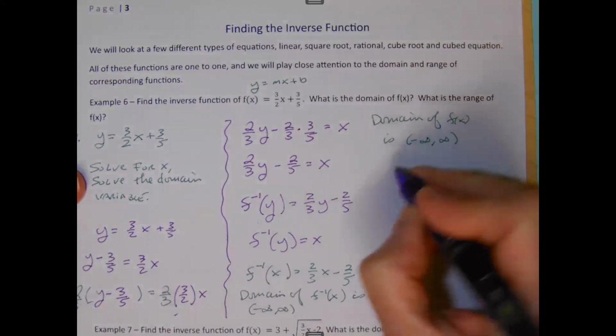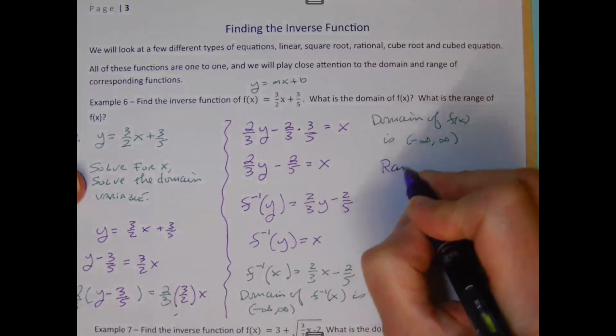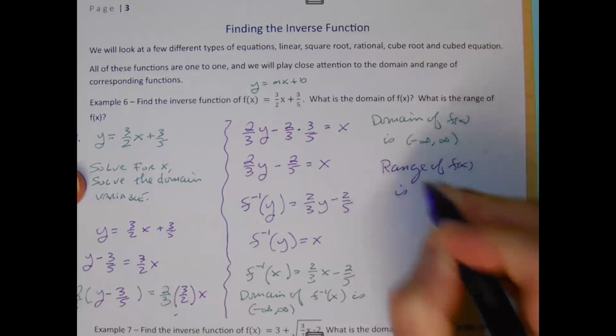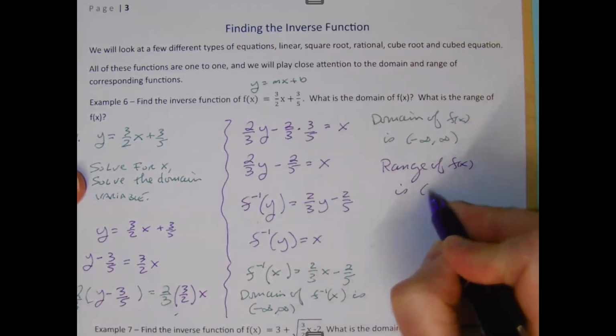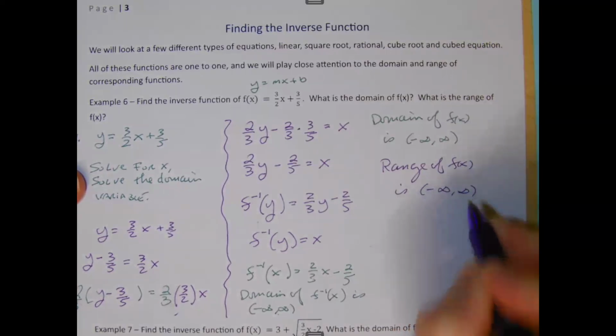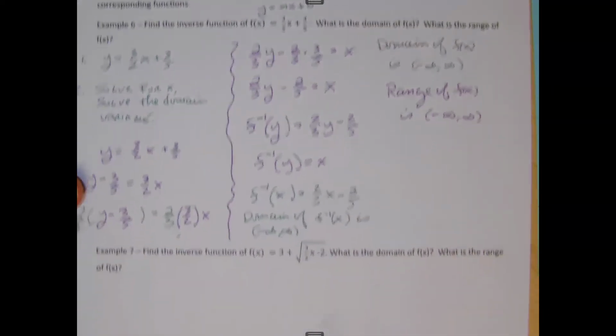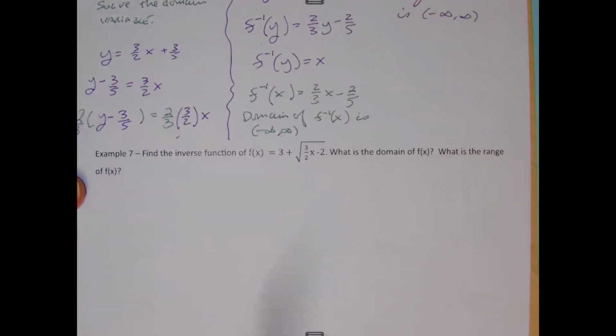So given that, the range of f of x is whatever I write down here. So that's pretty nifty. Once you find the inverse, you can find its domain, and then that becomes the range of the original function. So let's look at this example here.